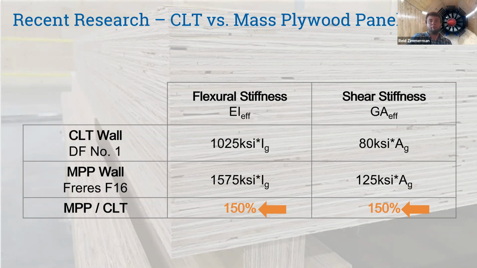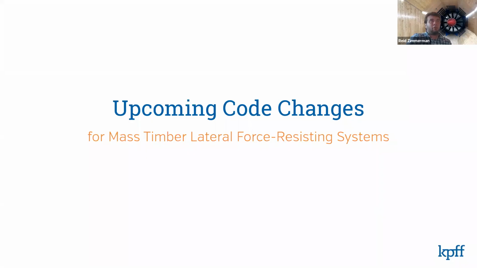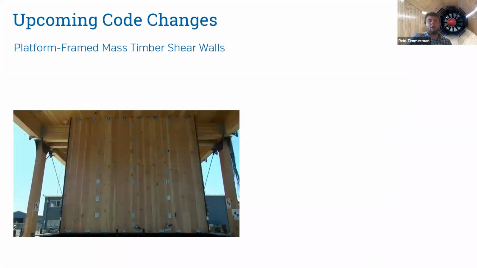So, a quick note about upcoming code changes. The first one is with respect to platform framed mass timber shear walls, similar to what is shown here. This is the next evolution of the Oregon statewide alternate method. The Oregon statewide alternate method allows you to design these walls prescriptively, but with an R of 2. This is now going to allow you to design these with an R of 3 to 4, depending on their aspect ratio.